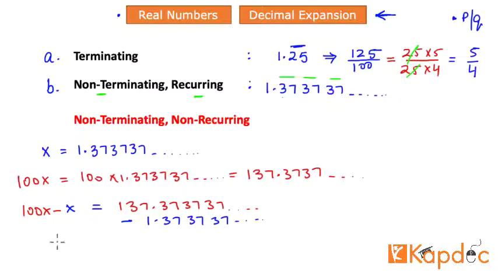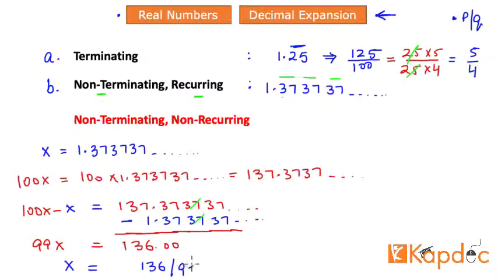So when you carry out this subtraction, what you obtain on the left hand side is 99x is equal to, and this number gives you very simply 136, because this 0.3737 decimal expansion basically negates each other with the one in the subtraction, right? And 137 minus 1 is equal to 136. Or in other words, you can say that the number x is equal to 136 over 99.